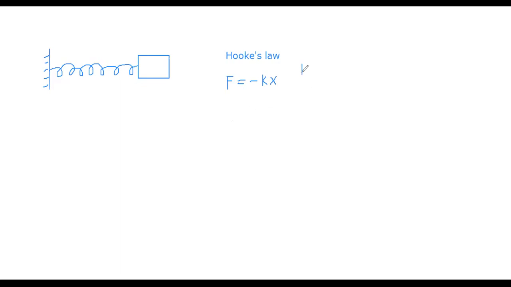Where k is a spring constant. This is a coefficient. It is a characteristic of the spring, and it is known as spring constant.